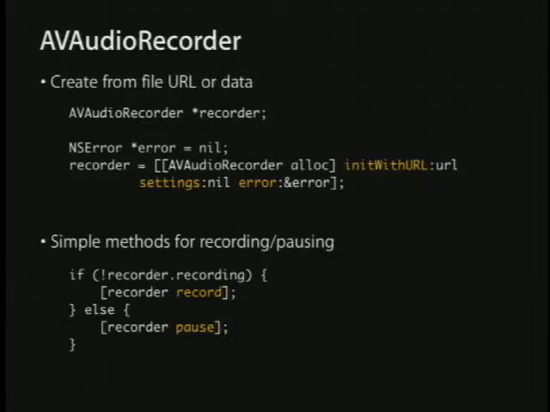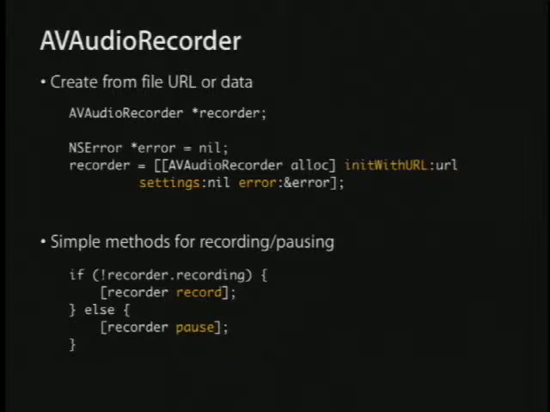So here's an example of that. You actually create an AV audio recorder with a URL. And that URL is, of course, not the source, because you're recording, it's the destination. And the AV audio recorder will append the data to that URL. I'm going to pass in nil for settings, but I could have passed in, I believe it's a dictionary, and that dictionary could have properties for sample rate and format, compression, stuff like that.